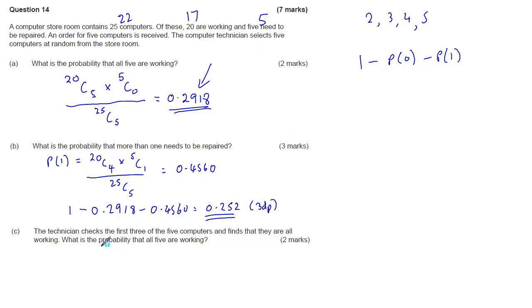So for the remaining 2, we must choose 2 from the 17 that are working, and then none from the 5 that aren't. Note, we're using the alternative notation here, and 17,2 means the same as 17C2. Divide that by 22 choose 2, which is the total number of ways of choosing 2 from 22.